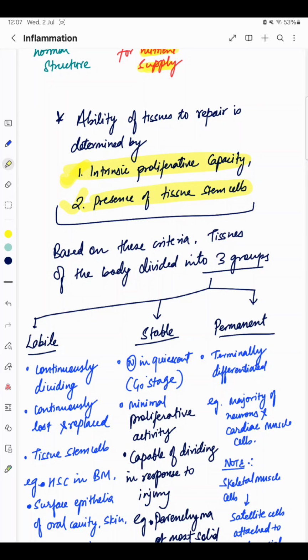Based on these two things, tissues of the body are divided into three groups: labile tissue, stable tissue, or permanent tissue.